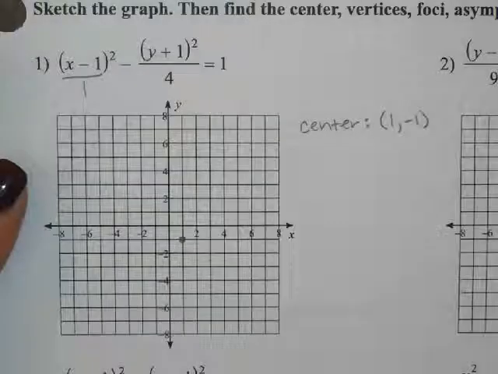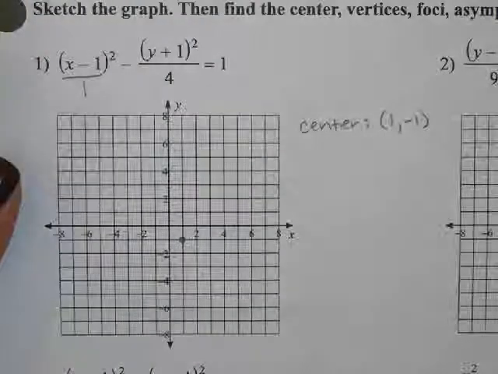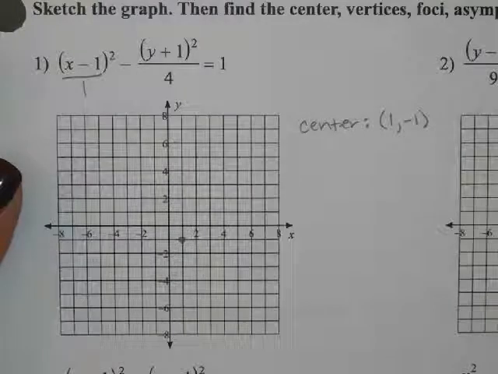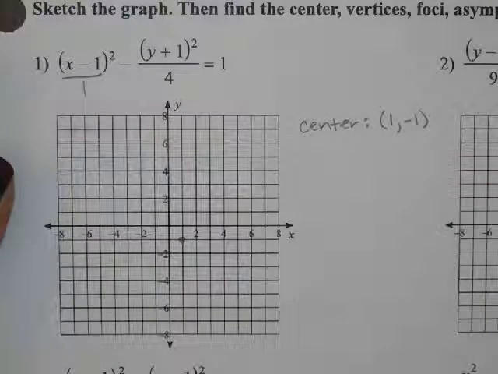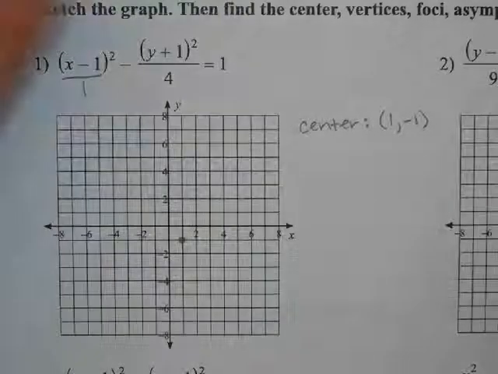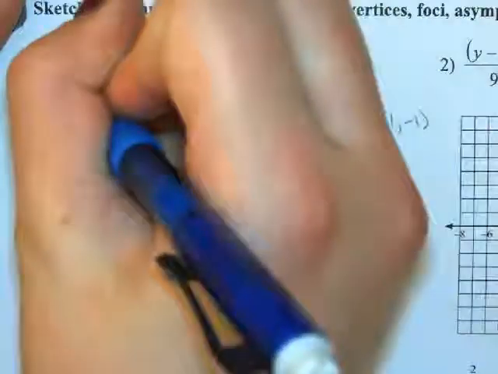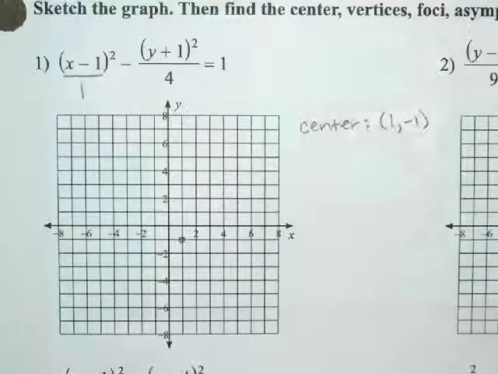Okay. So how do we draw a hyperbola after we draw the center? We have to figure out how much to go left and right and up and down. Maybe look at your notes from last night. What's kind of interesting about drawing a hyperbola that's been different from everything else?